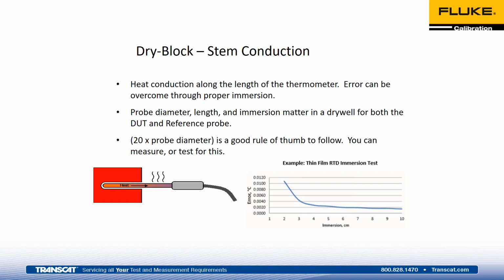With this type of sensor, it's similar to a thermistor, where it's a fairly small bead. But again, when you're thinking of stem conduction immersion, more is always better for the testing.